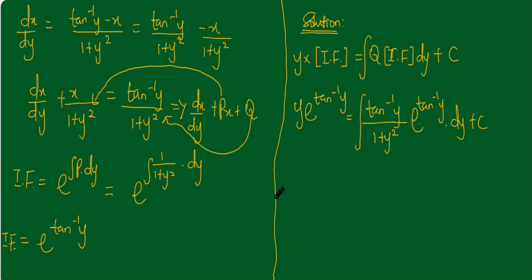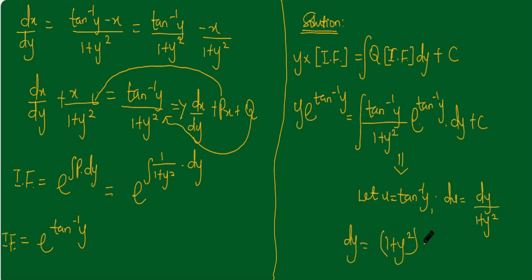Now, let u be tan inverse of y. Then we have du is equal to dy divided by 1 plus y squared. So our dy now becomes 1 plus y squared du.